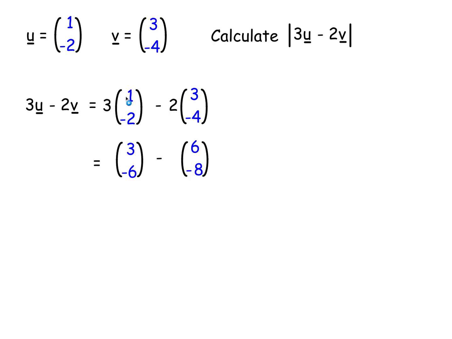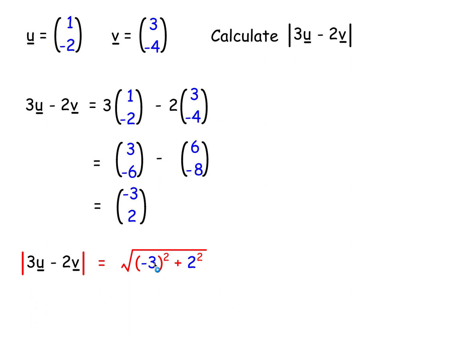So multiply the components here by 3, multiply the components here by 2, carry out the subtraction of the x components, the y components separately. That is 3u minus 2v in component form, and to get the magnitude, square the components, add and take the square root. 9 and 4, 13, so it's root 13, and it doesn't simplify any further. Apart from 1, there's no square number goes into 13.